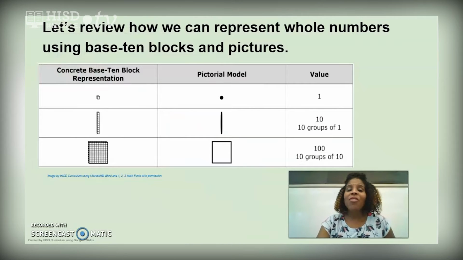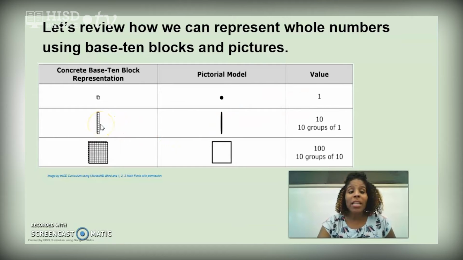Now, let's review how we can represent whole numbers using base 10 blocks and pictures. When you're in class with your teacher, she has used some concrete base 10 block representation. Here, we have a little small cube. If we were to draw it out pictorially, it would be a dot. The value of that is 1.